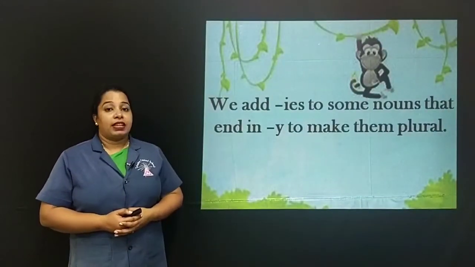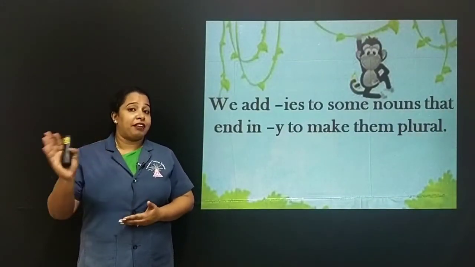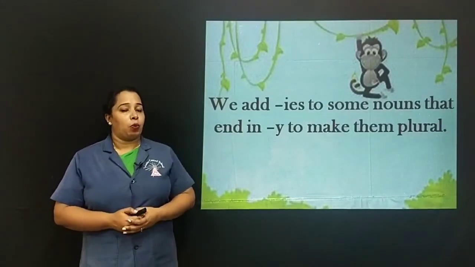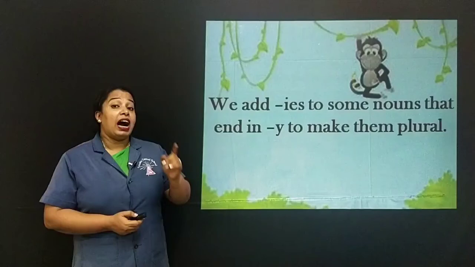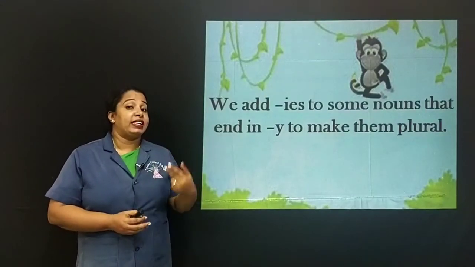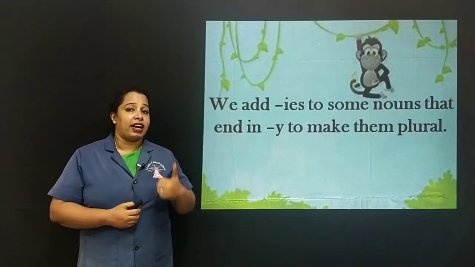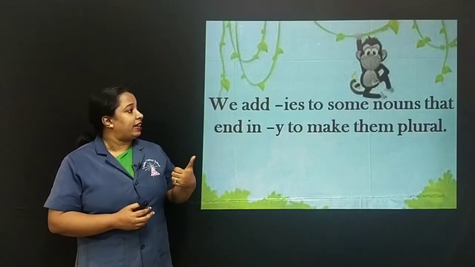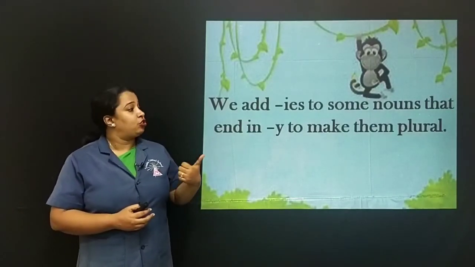Another rule. Now we learnt about the nouns ending with F and FE. Now these are some nouns that are ending with Y. We add IES. Here we are taking the help of another three letters, that is I, E and S, to some nouns that end in Y to make them plural.